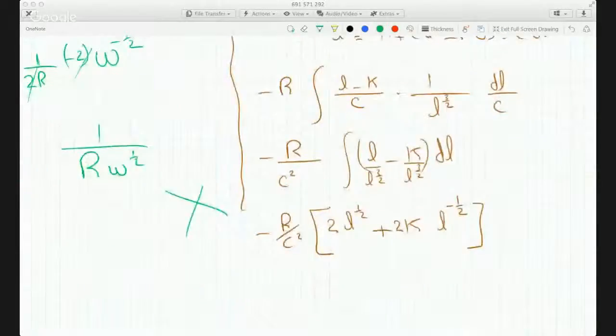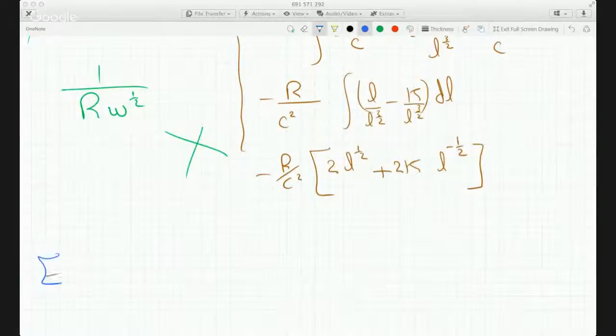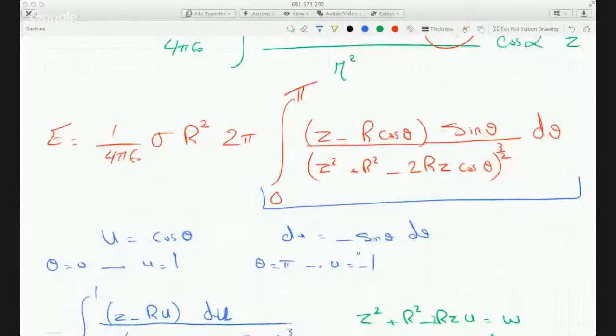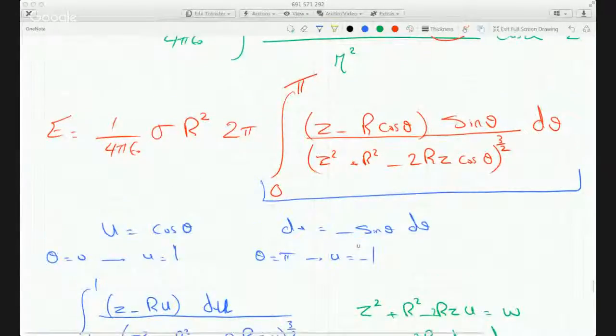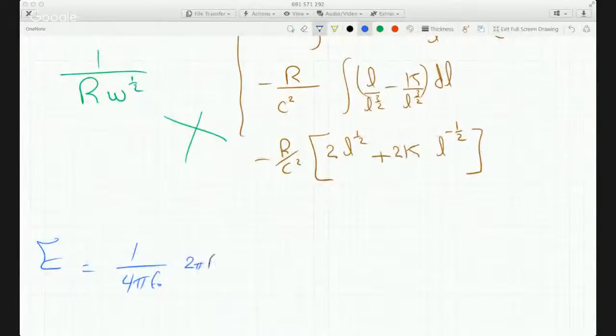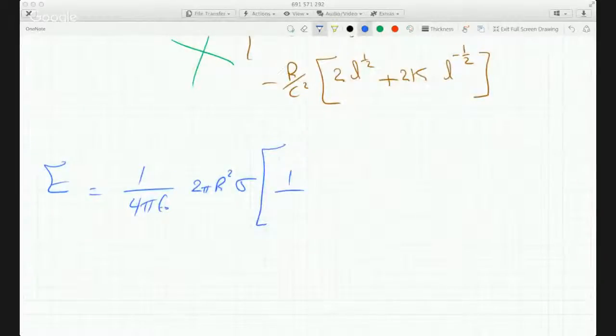as a result, plug in everything back into the equation. We will get E equals 1 over 4 pi epsilon. We had here 2 pi r squared times sigma, and then open bracket 1 over z squared, right?